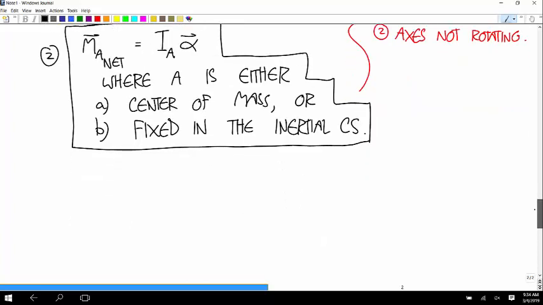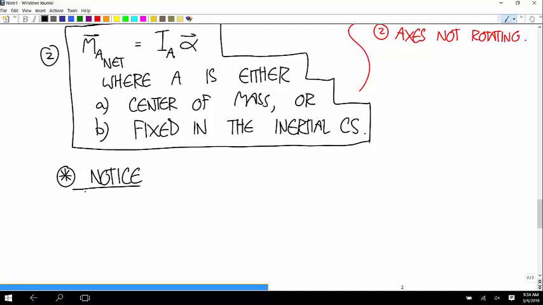All right, so here's something important about this. For the second possibility for the about point, there has to be a point on the body that's fixed in the inertial coordinate system. That's like the body connected to the ground by a pin joint or something, like a hinge. That doesn't have to be true.